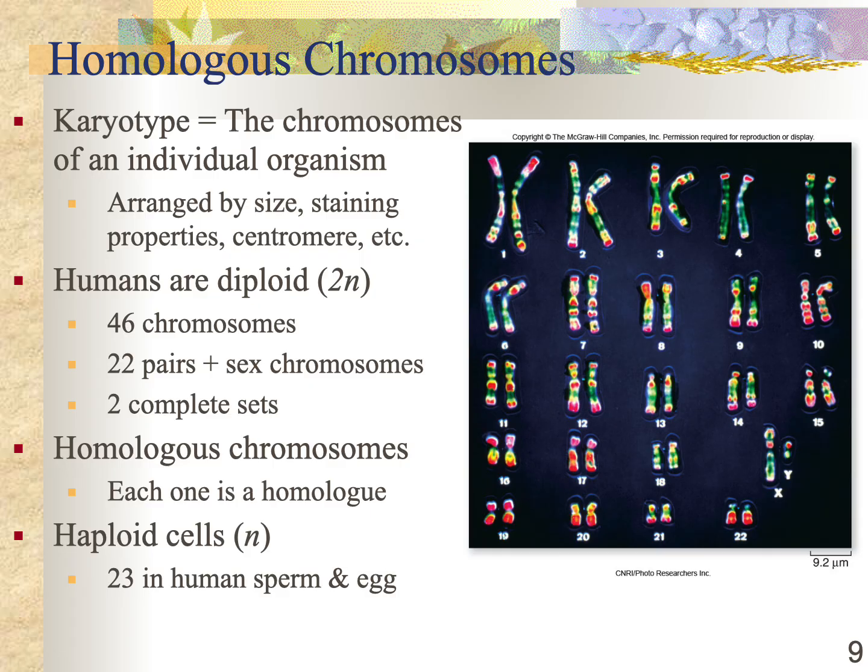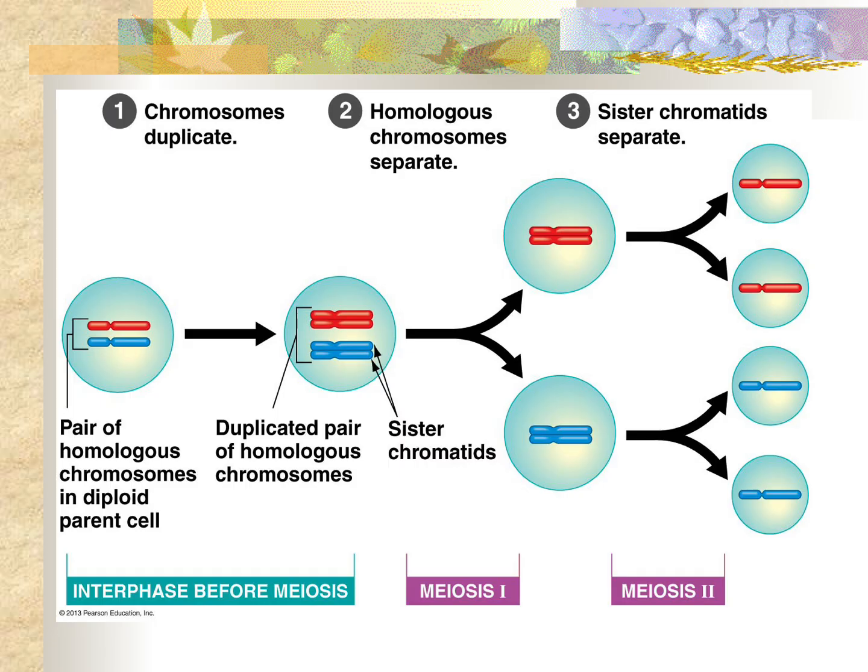So these pairs are referred to as homologous chromosomes, and each one is a homolog. It carries genes for the same traits as the one that came from the opposite parent, but it may not have the same versions of the genes. In haploid cells, we get down to 23 chromosomes again, and how we do this is through meiosis.